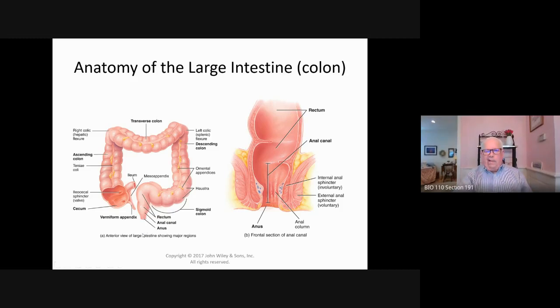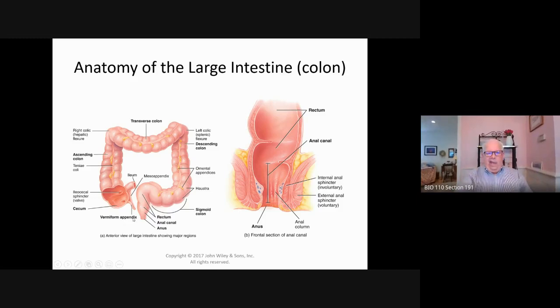That is the pathway of food in the large intestine. And before I forget about it, I want you to know the pathway of food through the GI tract. Just like you learned the pathway of blood through the heart, I want you to know the pathway of food from the mouth to the anus. Okay?